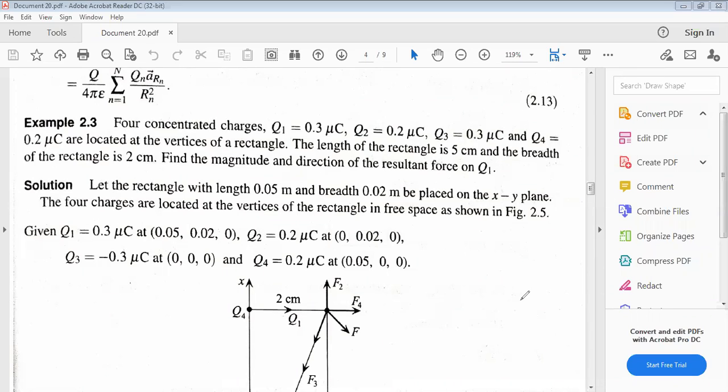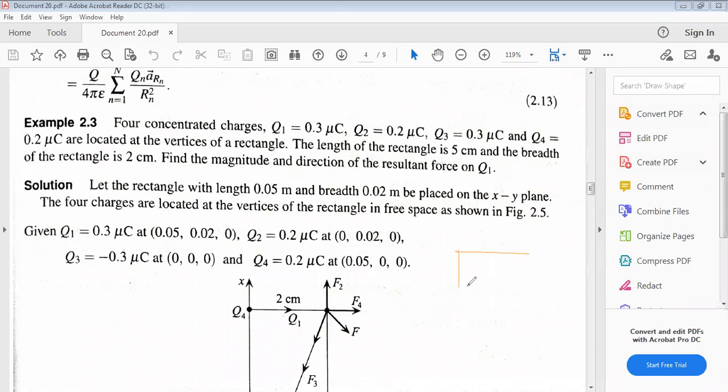Q1 is 0.3 microcoulombs, located at 0.05, 0.02, 0. Similarly Q2 is 2 microcoulombs. Q3 is minus 0.3 microcoulombs at 0, 0, 0. And this is all assumption.